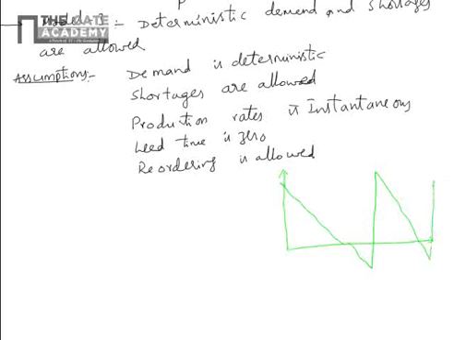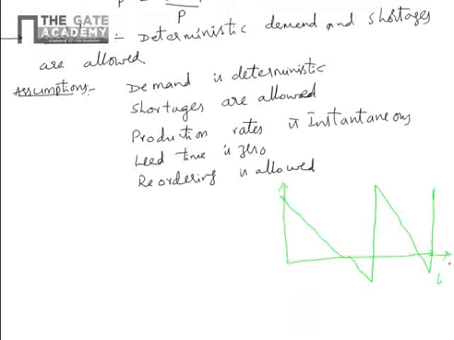Generally it never occurs, but it is ideal; we have to assume this as one type of model assumption. This is the time x-axis. In the first method, Model 1, Wilson's model, only the first triangle is there, without shortages, but here shortages are also available.